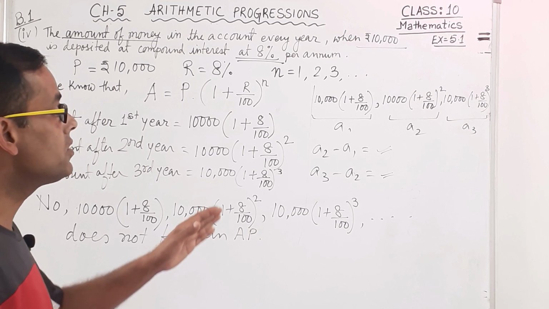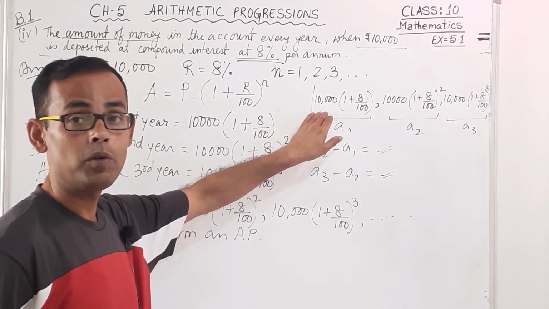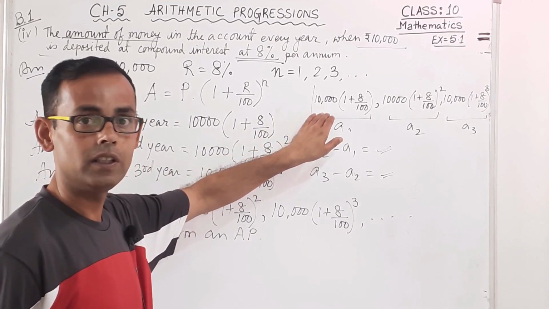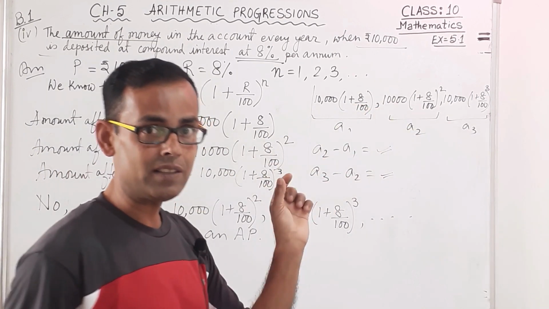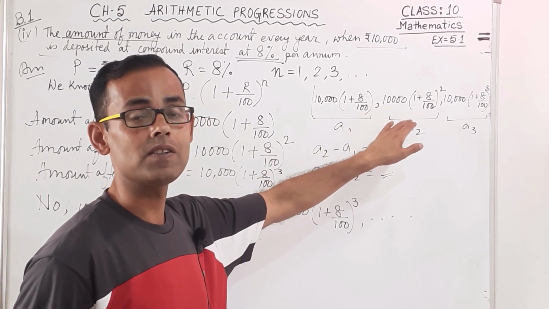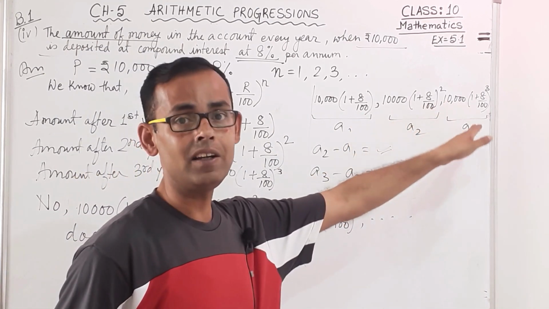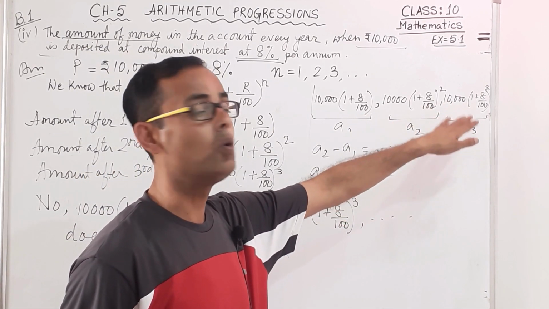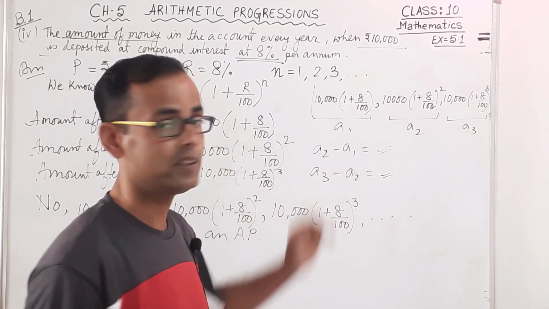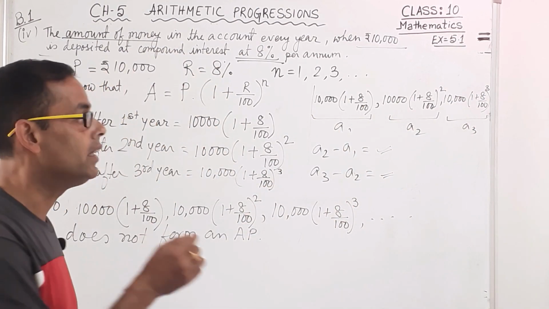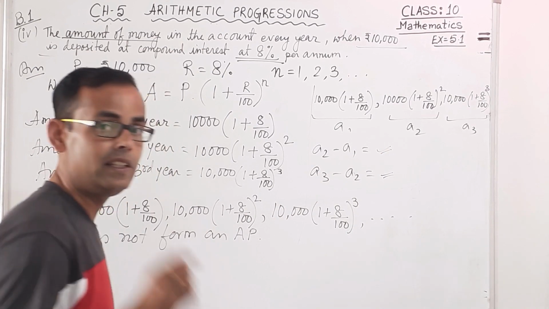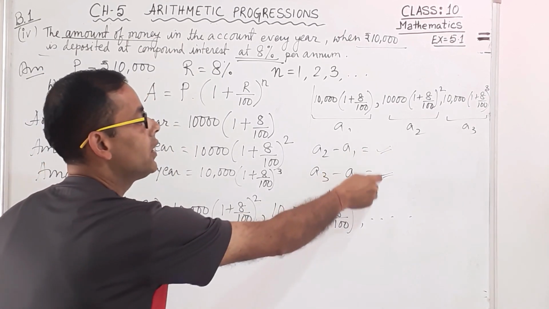The second year's compound interest is more than the first year's, and the third year's compound interest is more than the second year's and the first year's. So that's why here the difference, that is the D, will not come same.